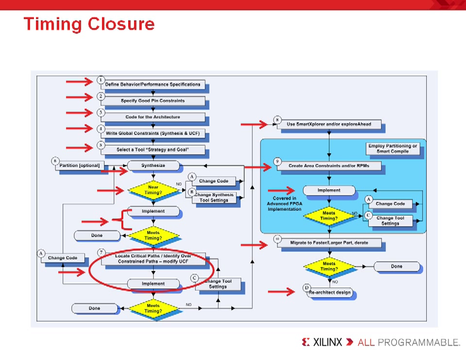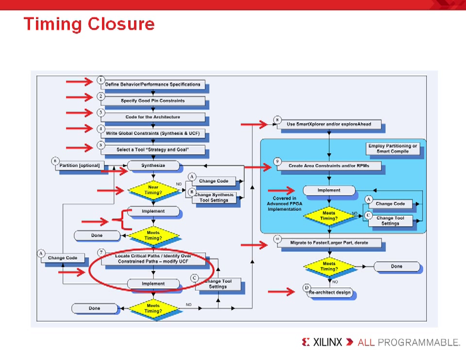After that, you implement your design and use the static timing analyzer utility to determine if you actually met your timing goals. Till this point, the only timing information you had was a timing estimate, since completing implementation is required to know your design's routing delays, as well as the final placement. And until that's done, the tools can't tell you this is what your performance will be.